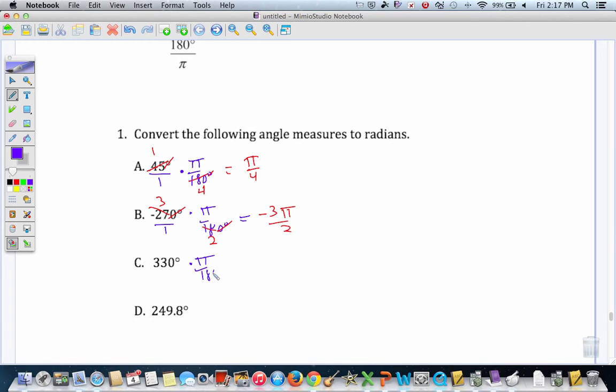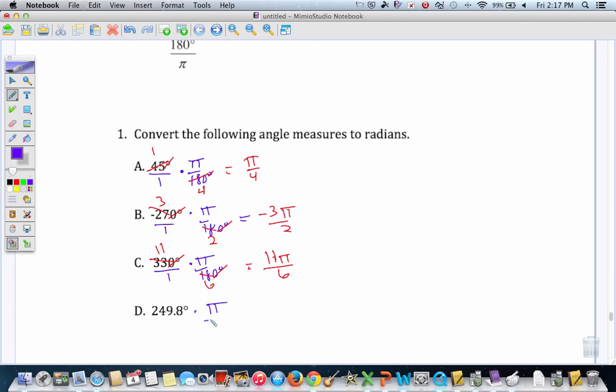Continuing on here, pi over 180 is my unit conversion. I'll put 330 over 1, cancel the zeros and the degrees. 33 and 18 can both be divided by 3, and we wind up with 11 pi over 6 as our radian measure.